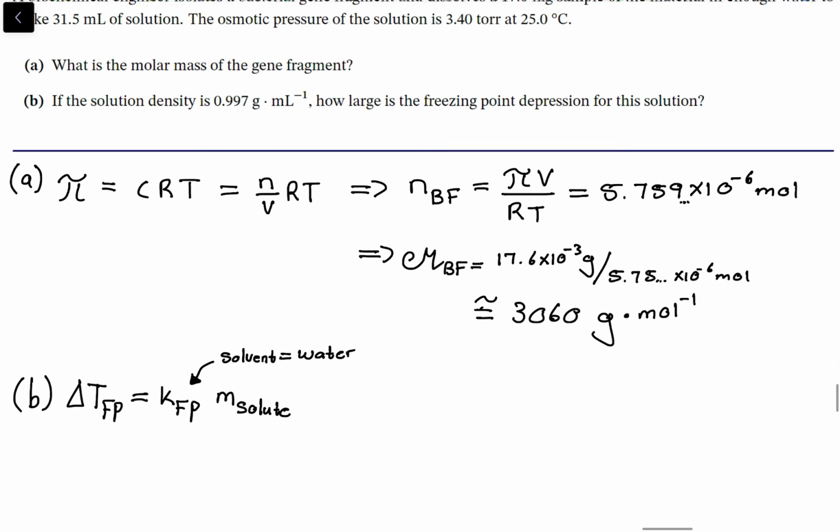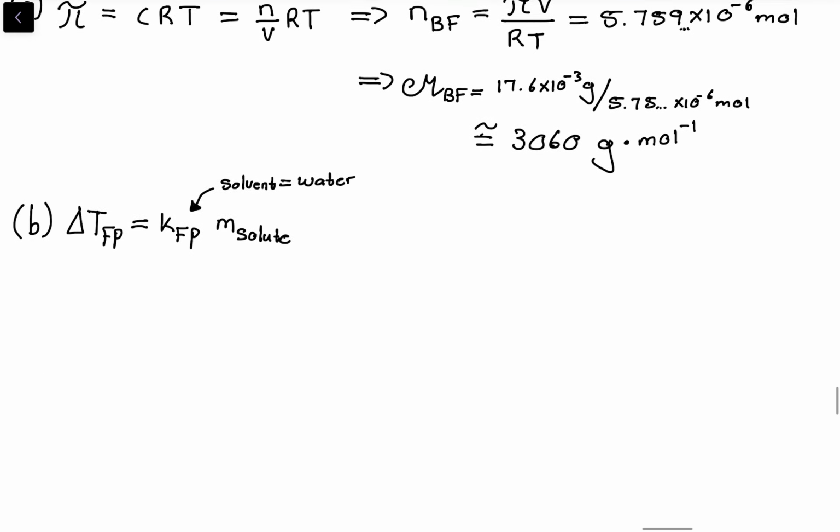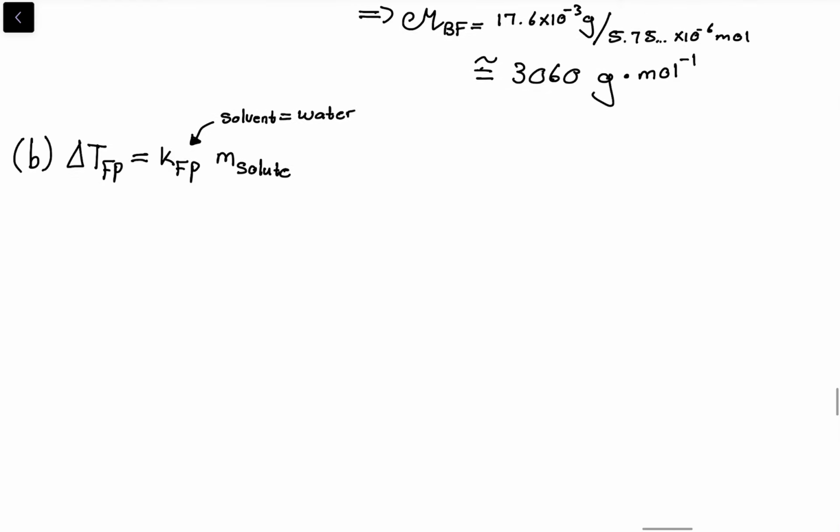And we know how much we dissolved, and we know how much water we used to dissolve that. Because what is molality? Molality is moles of solute per mass of solvent. So we can actually calculate the change in freezing point. Right. So it's not as shocking as you might have thought.